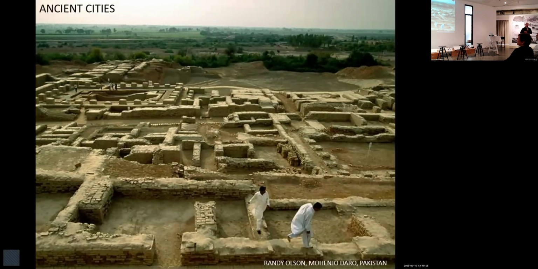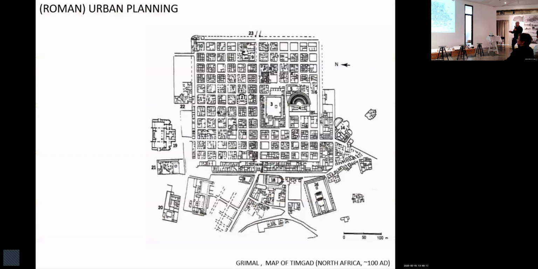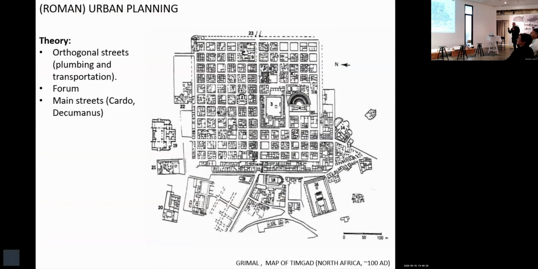So cities are an old thing, and they grew from the environmental necessity of putting a lot of people in the same place at the same time. And quite a long time ago, we found that we need to design that. We need to give rules and order to these things. And the Romans, like everything, had a theory of urban design.